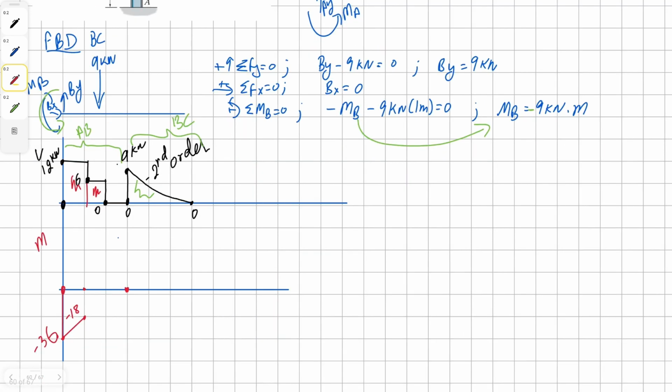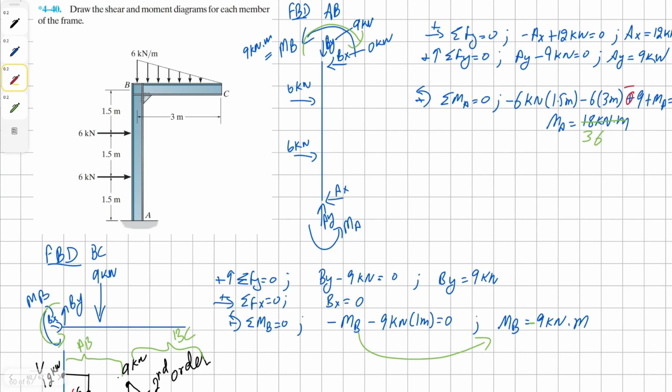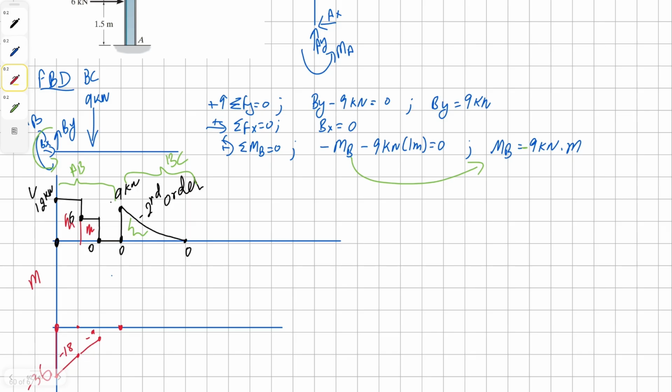And then we have 6 times 1.5, which is 9. So negative 18 plus 9 is negative 9. We come up to negative 9. And then we have clockwise moment, so clockwise is positive. We're going to flatline and go up. Oh, that worked out.